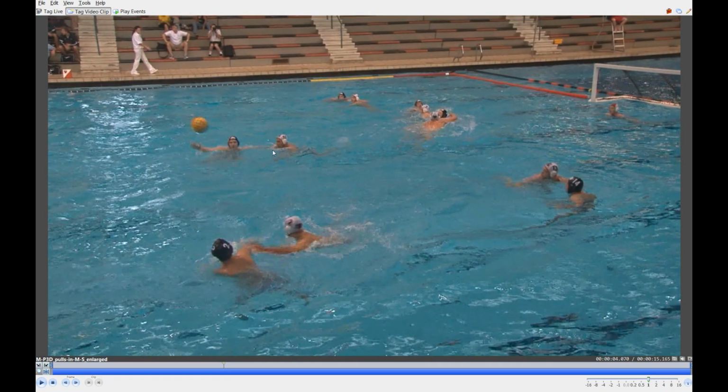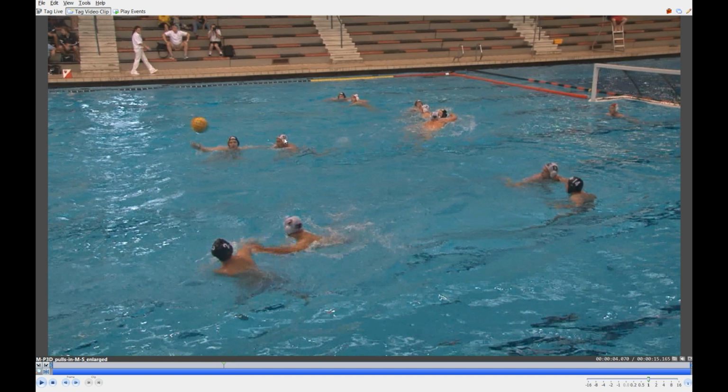These two players basically have a balanced situation. One, the defender is holding the offensive player's arm. Two, the offensive player is reaching out and holding on to the defender. Obviously, his reason is to maintain spacing so that he can receive the pass.